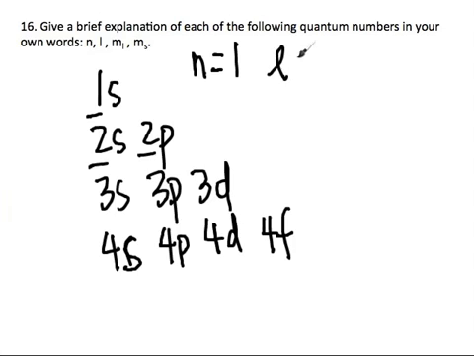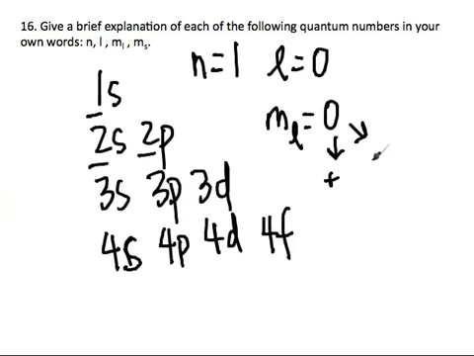Remember that l, the maximum it can be is 0, which we said was s. There's only one magnetic quantum number, which is 0. So it can only be in one orientation, and there are 2 electrons, a positive and a minus. So for this subshell, we can hold a maximum of 2 electrons.